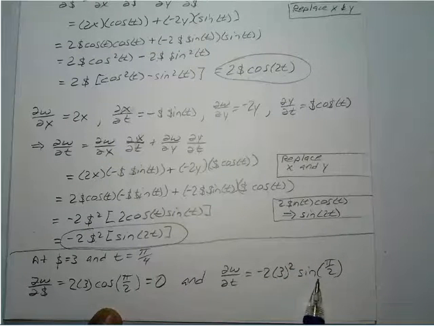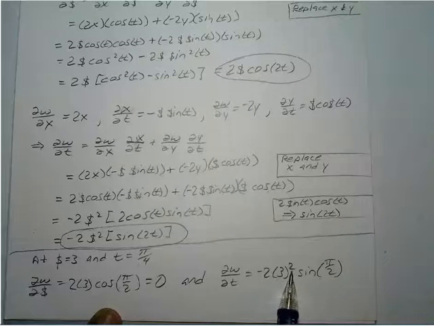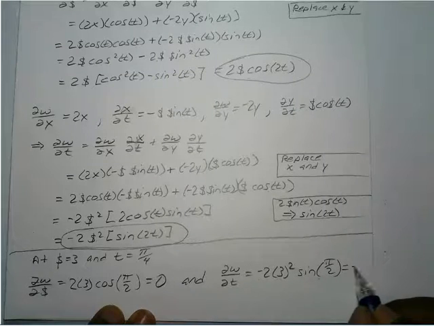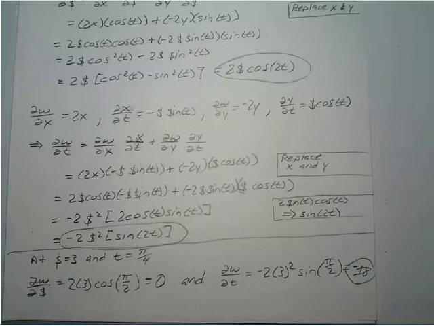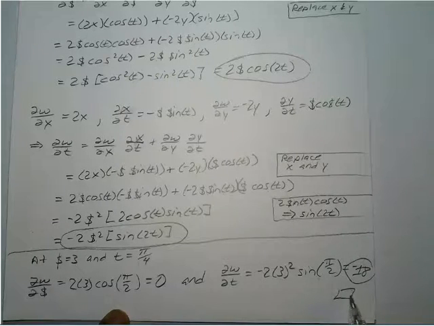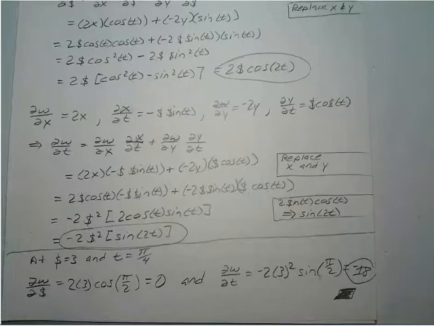Okay, so sine of pi over 2 is equal to 1. So you have 3 squared, which is 9. So you have negative 18 times 1, which is negative 18. Okay, so that is your answer.